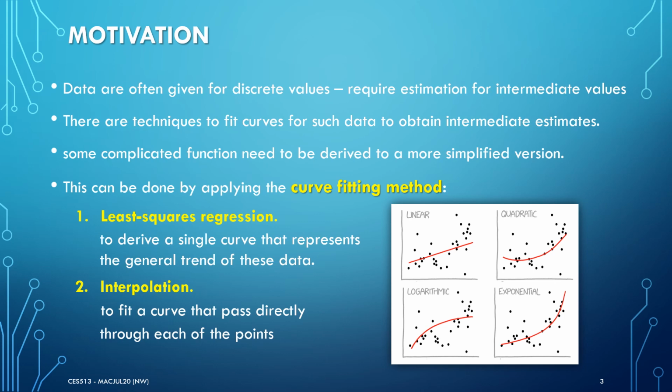Rather, the curve is designed to follow the pattern of the points taken as a group. And then the second one, the interpolation, where the data are known to be very precise. The basic approach is to fit a curve that passes directly through each of the points. Such data usually originate from tables.